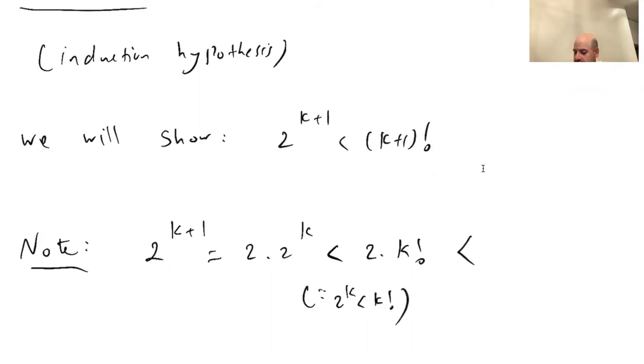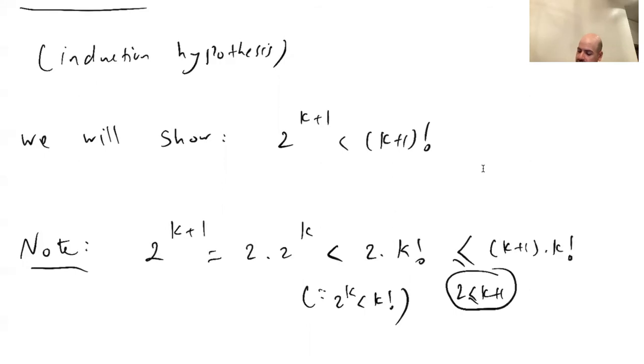And 2 is less than or equal to k plus 1. Right? Because remember, what do we know about k? K is, of course, a natural number here. So k is at least 1, and therefore k plus 1 is at least 2. And therefore, this is less than or equal to k plus 1 times k factorial.